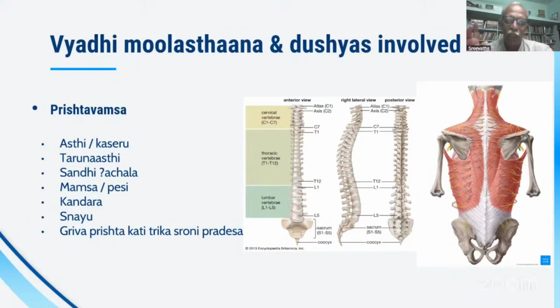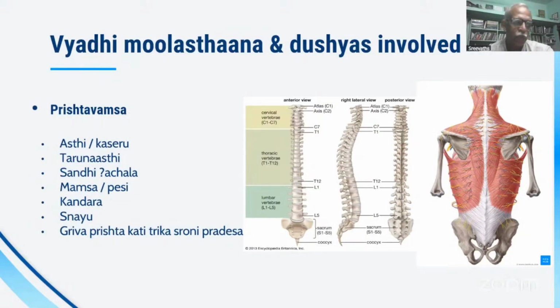So we have the trigas, which are very important as far as Marma Chikitsa is concerned, the upper triga and the lower triga. We have the mamsa or peshis, which are adjacent to the paraspinal muscles. We call all the muscles, even the intercostal muscles, which start from there. There are the kandaras which join the peshis together.